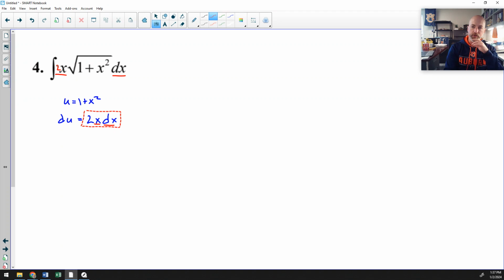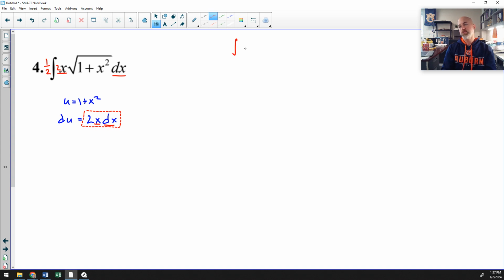So what I'm actually going to do is multiply by 2 and divide by 2 simultaneously. So it looks different, but it's still a 1, except instead of dividing by 2 on the inside, I'm going to multiply by 2 inside so that I see my du. I'm going to divide by 2 by multiplying the entire integral by 1/2.